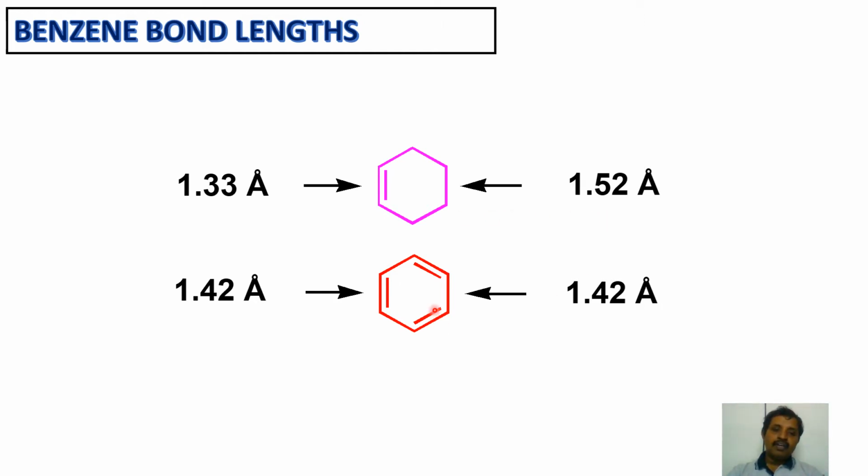The single bond also has the same value. So the double bond as well as the single bond have similar values. All the bonds in the benzene molecule are considered to be of the same type with the same bond length.